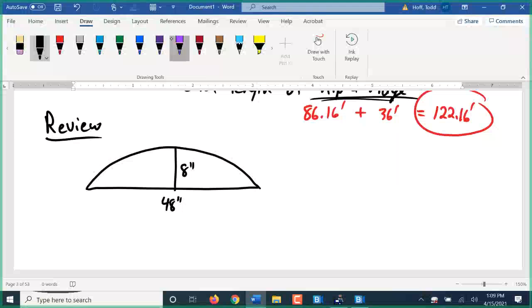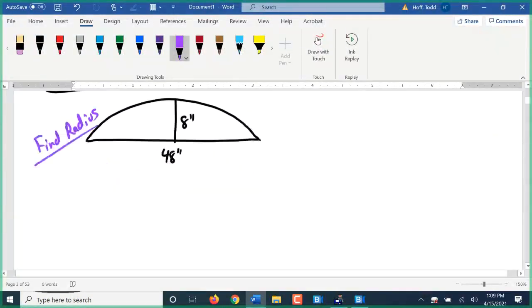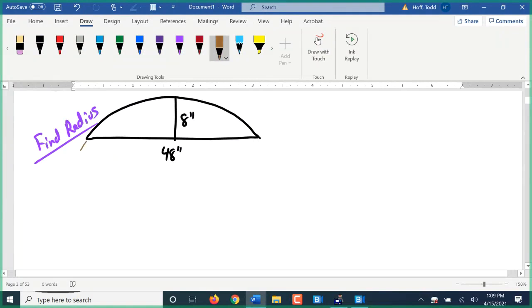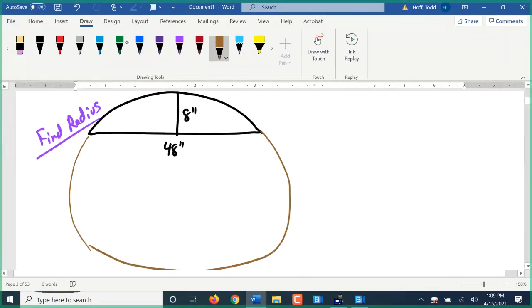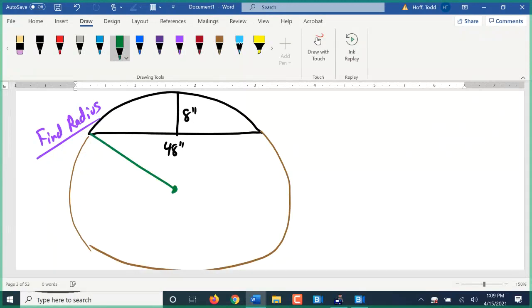To find the radius of that arch. In other words, if this were a full circle, yes, I know I made it kind of squished, what would the radius of that circle be that arch is based off of?